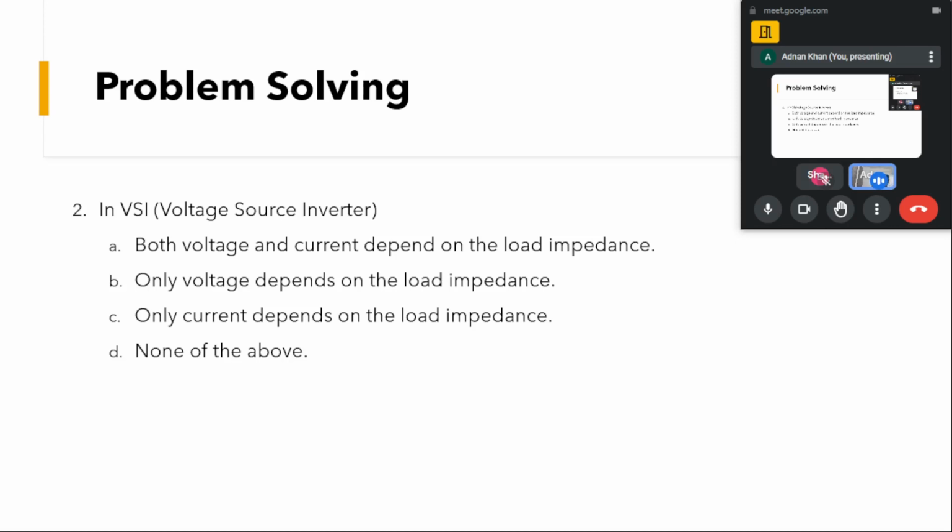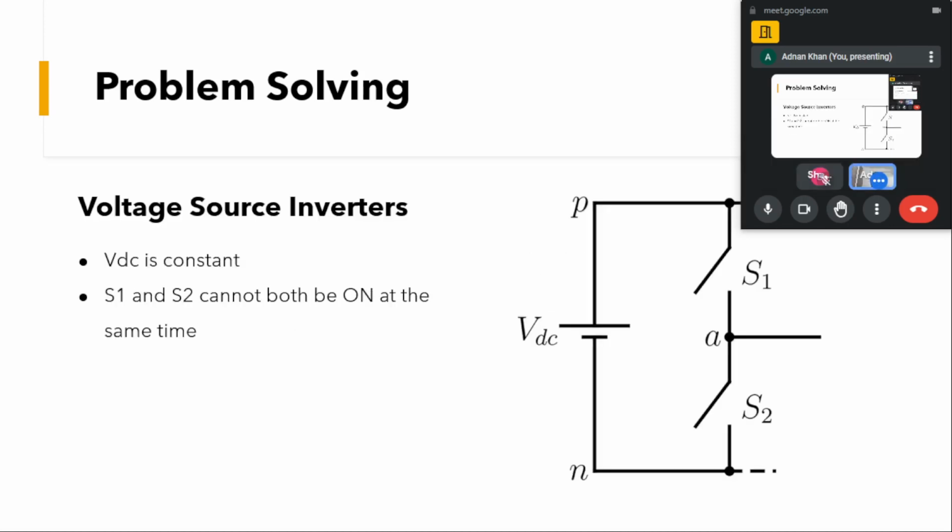Can any one of you guess what the correct option can be? One of your students has answered C. We'll see what the correct option is.